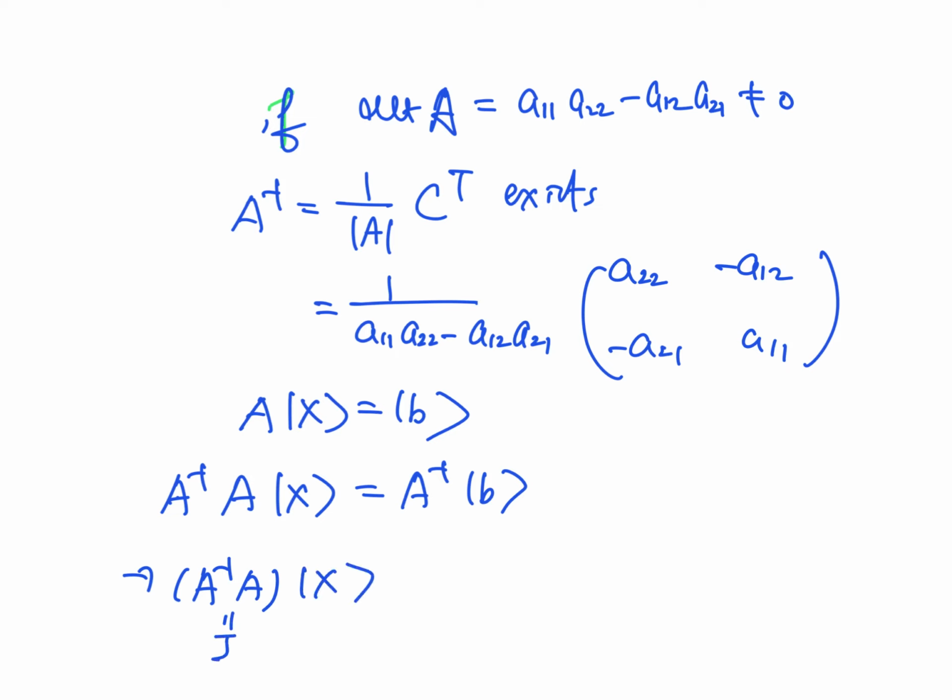And this is the identity, right? So this is x equals inverse times P. So the inverse matrix can be used to solve the linear equations.